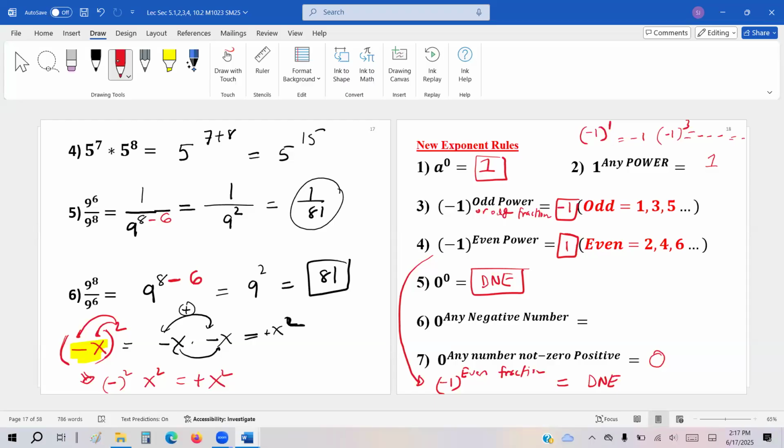And now the negative power. For example, let's say we have 0 to the negative 2. Negative power means a fraction. So this becomes 1 over 0 to the positive 2, which is 1 over 0. What is 1 over 0? You have one pen, and I'm telling you to divide that into 0 pieces.